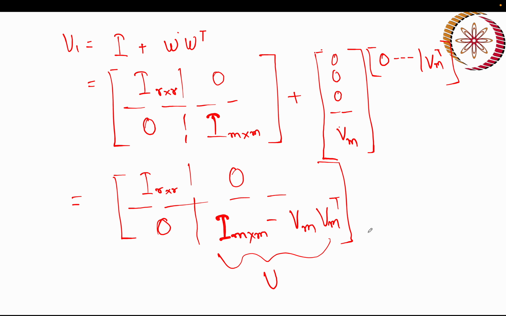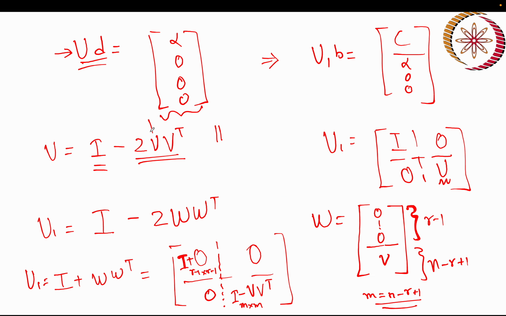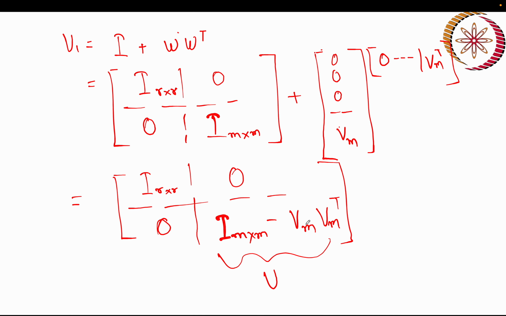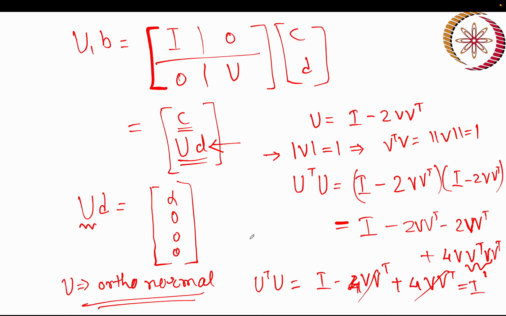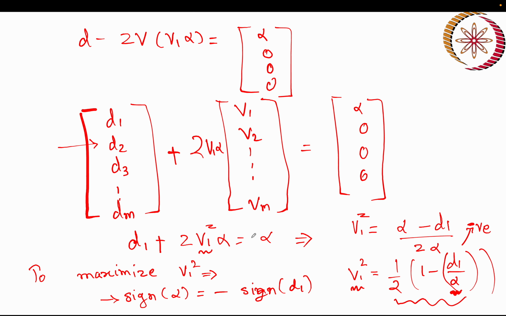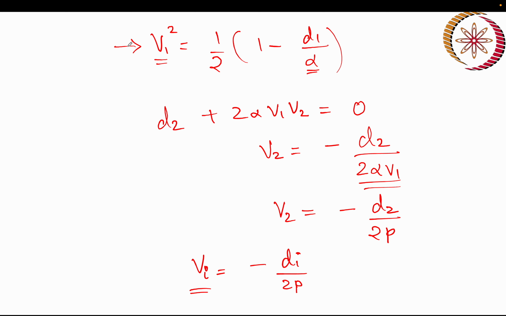Okay, so v is the vector, and its elements will be v1 to vm. We did some derivation, and then we found out that v1 will be like this, and any ith element will be of this form.